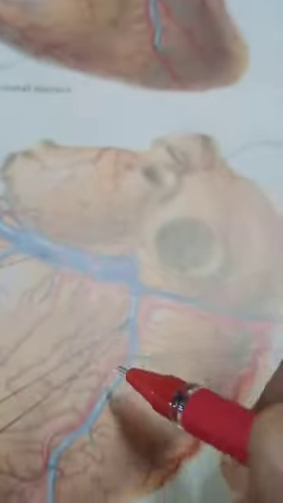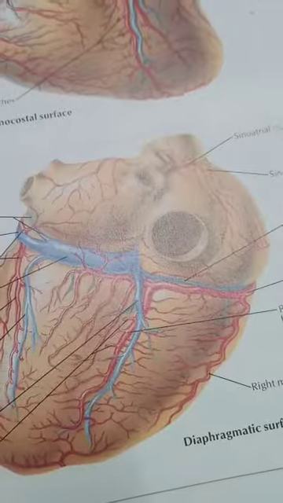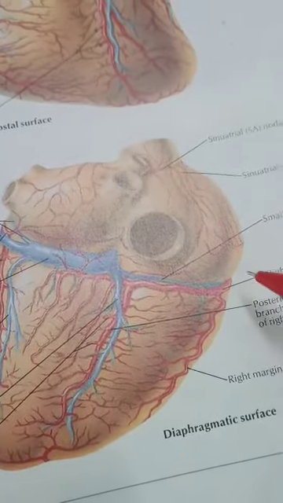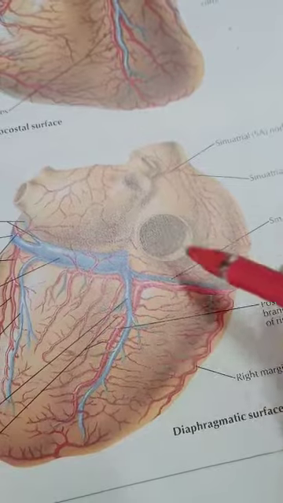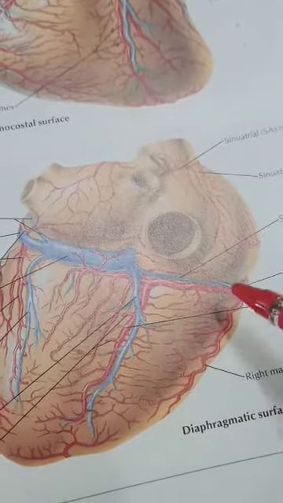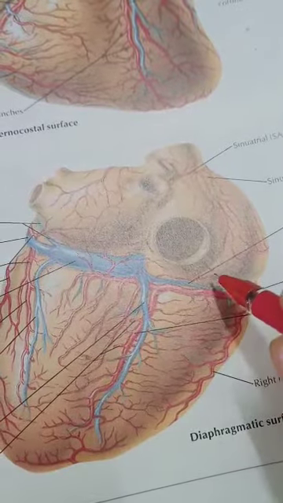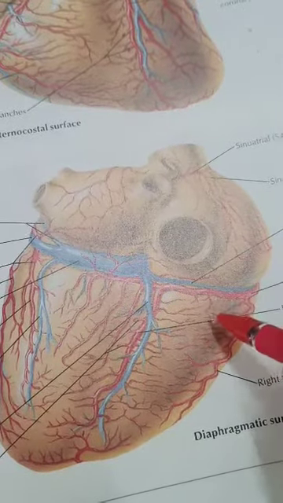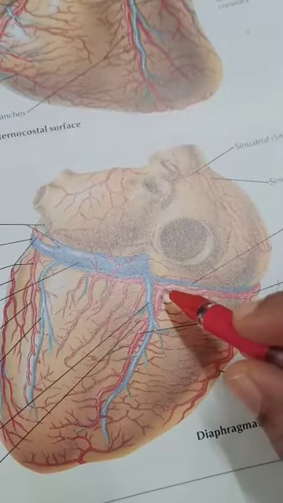In this picture we can make out that after winding round the inferior border, it reaches the diaphragmatic surface. It passes through the right coronary sulcus again, between the right atrium and the right ventricle, and passes backward and towards the left.